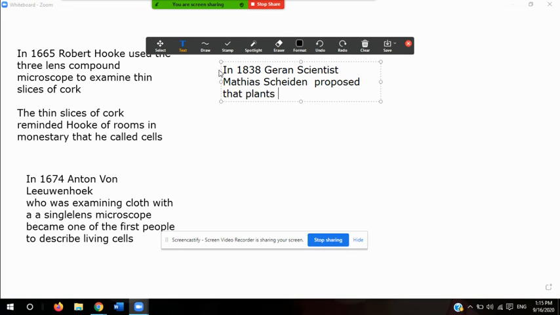Matthias Schleiden proposed that plants were made of cells.